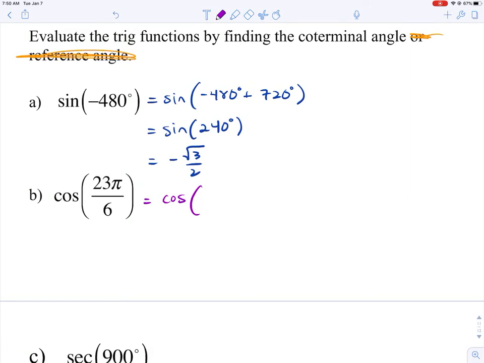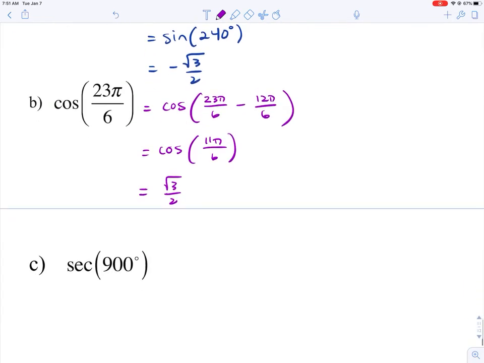All right, 23 pi over 6. If we subtract 2 pi, which is the same as 12 pi over 6, that's going to put us at 11 pi over 6. And cosine of 11 pi over 6 is root 3 over 2.